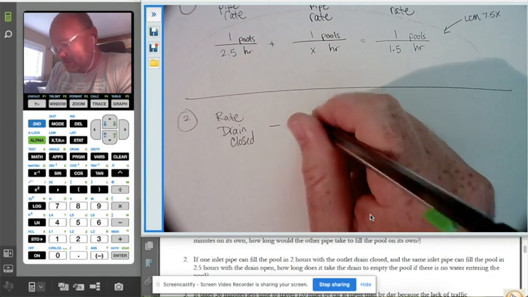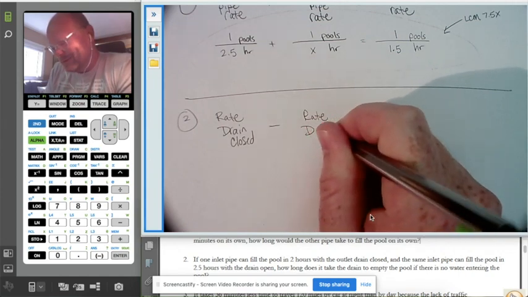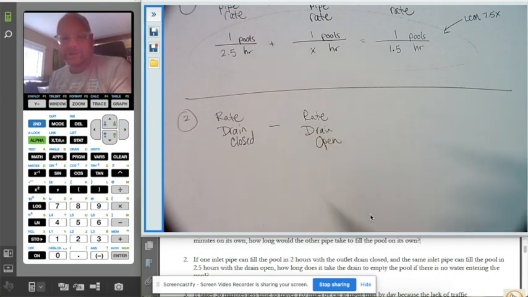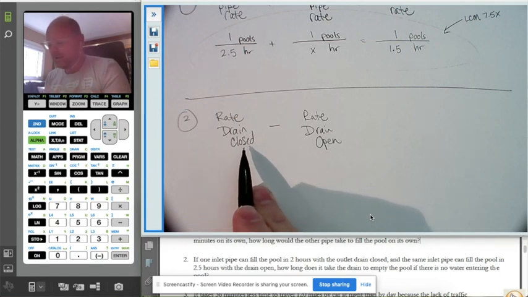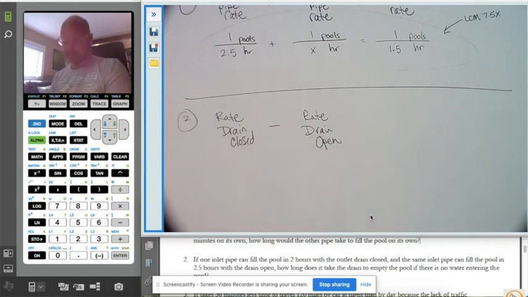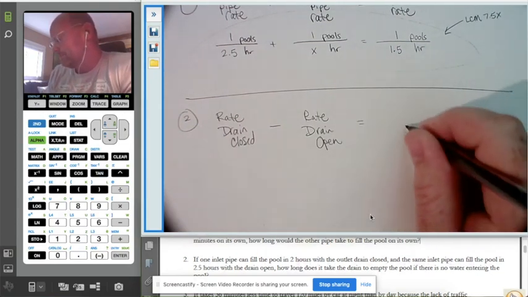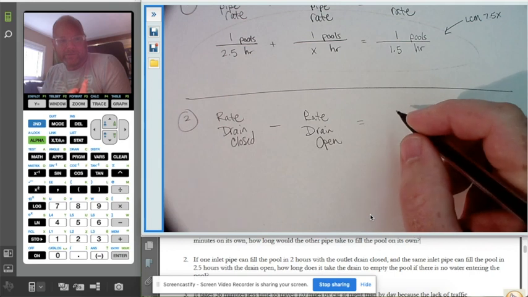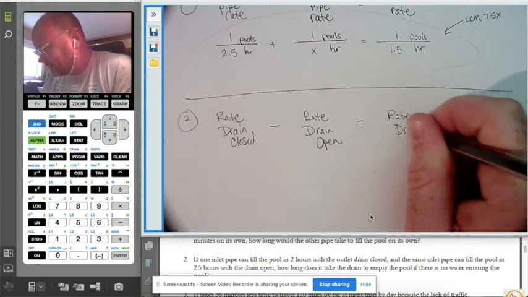I've got another rate, which is how quickly the pool will fill when the drain is open. But there's going to be a difference in those speeds, right? The difference between filling the pool with everything plugged up and filling the pool with the drain open is the rate at which the drain can pull stuff out. The rate of the drain.